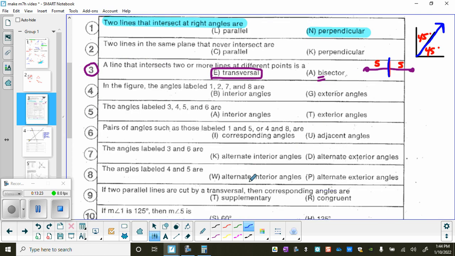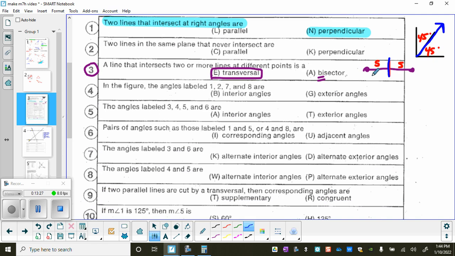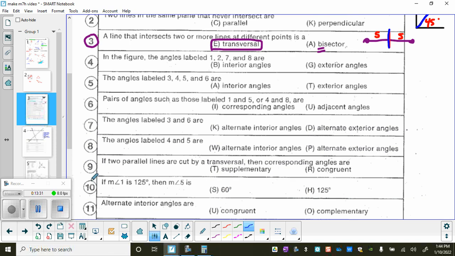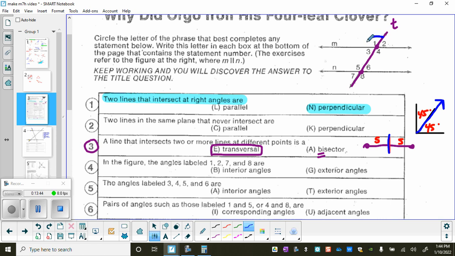Now for the rest of these questions, you're using this picture up here. I'll do one more with you. I'm going to do number 7, no, not number 7, sorry, number 10. I'm going to do number 10 with you real quick. It says in number 10, if the measure of angle 1 is 125, then the measure of angle 5 is. So in my picture up here, we were told that the measure of angle 1 was 125.